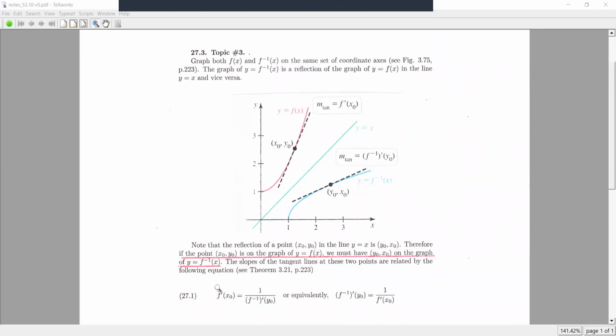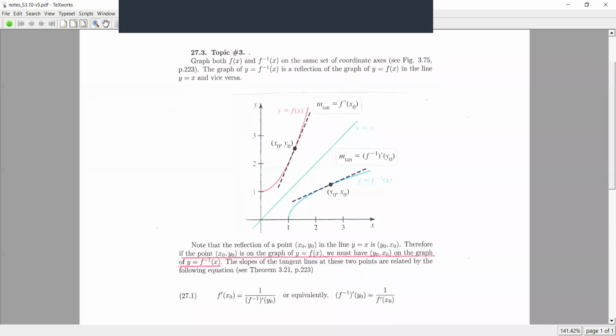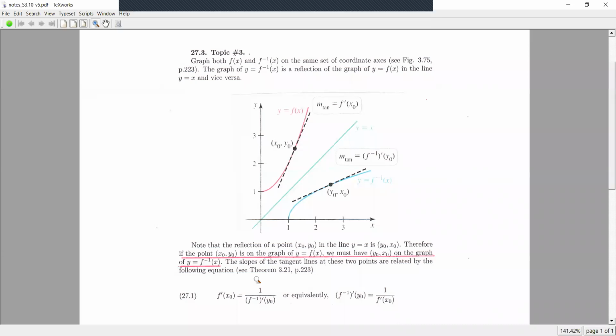This is the slope of this line, and the derivative of f inverse evaluated at y0 is the slope of this line. In the following, I show you two examples about how to use these two formulas to solve problems.